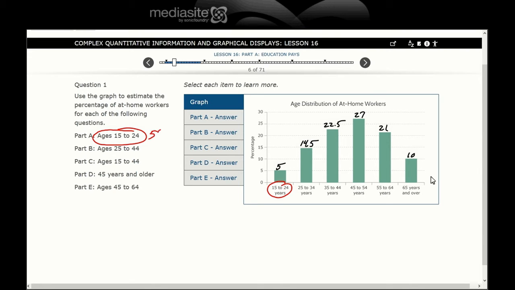That looks like 5%. Okay. Ages 25 to 44. 25 to 34, 35 to 44. So they're really asking for the composite of those two numbers, to add it up. 1, 4, 5, 6, 7. Looks about 37%.